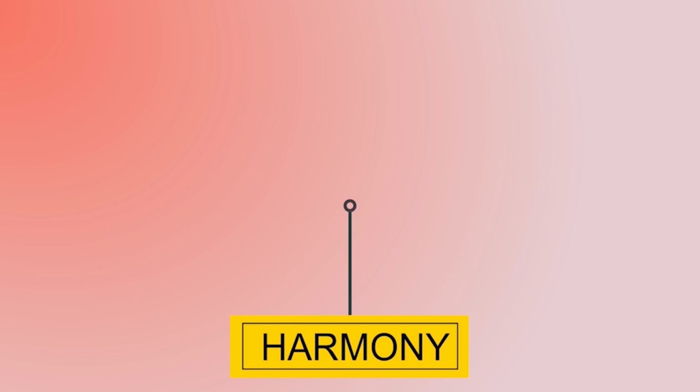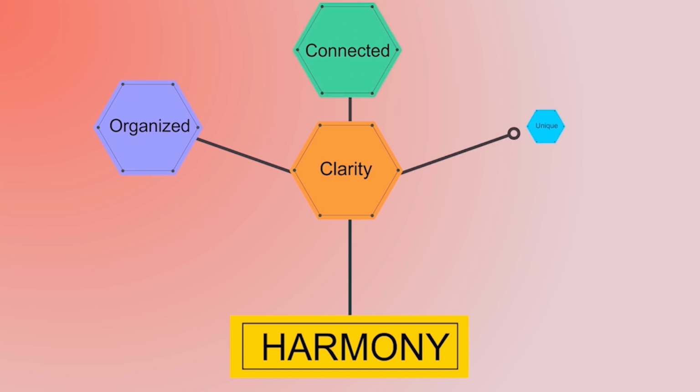But why do we need that? We need this because everyone in this world needs clarity. And how do we get clarity? We get clarity when we are organized, when we are connected, and finally we are unique, leading to the achievement of the final goal. A similar thing happens with harmony. When everything is interrelated and connected but unique in itself, it leads to harmony.